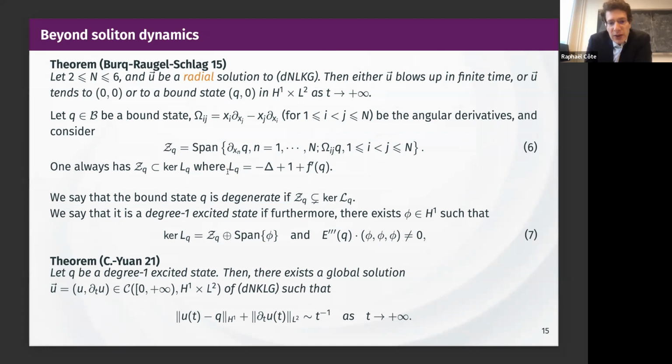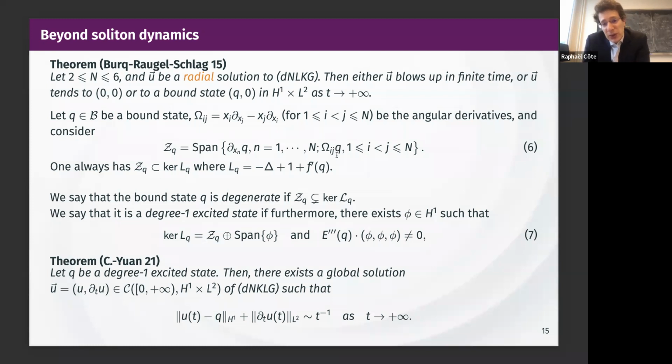So you know that the kernel has to be quite large. So it has to have the derivatives, the space derivatives of your excited states. But also you have rotation that acts on the equations. So you have to look at angular derivatives, the omega ij.